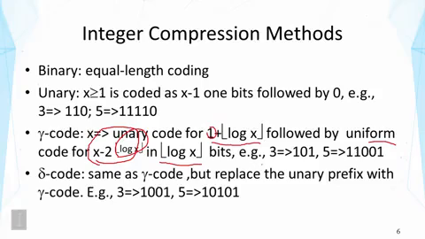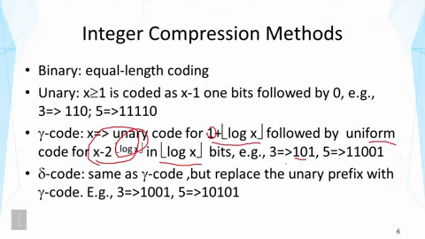So here are some examples. For example, 3 is encoded as 101. The first 2 digits are the unary code. Right? So this is for the value 2. 10 encodes 2 in unary coding. And so that means the floor of log of x is 1, because we want to use unary code to encode 1 plus the floor of log of x.